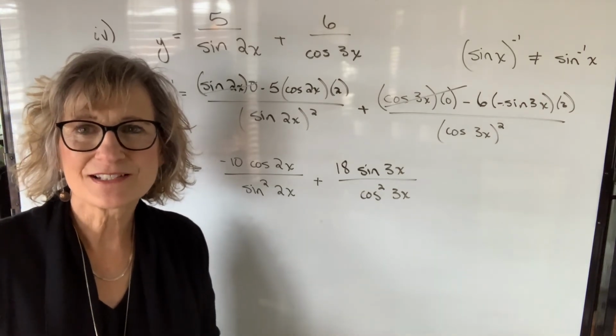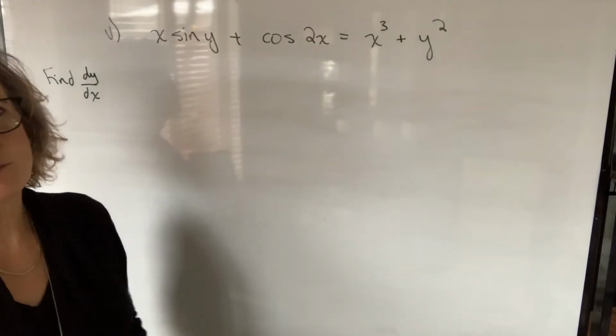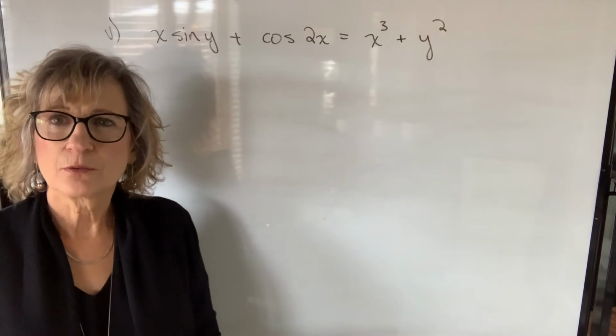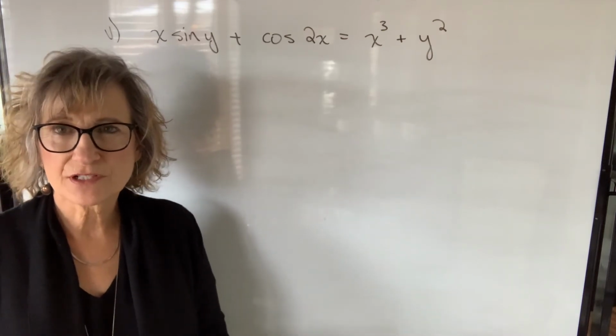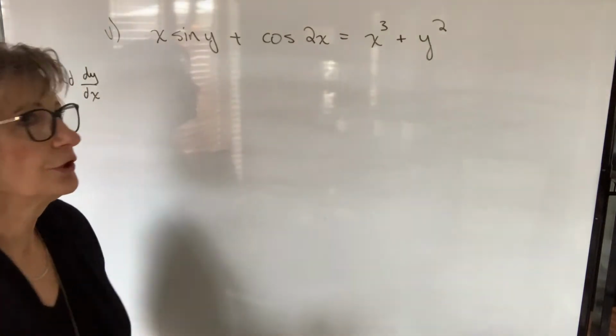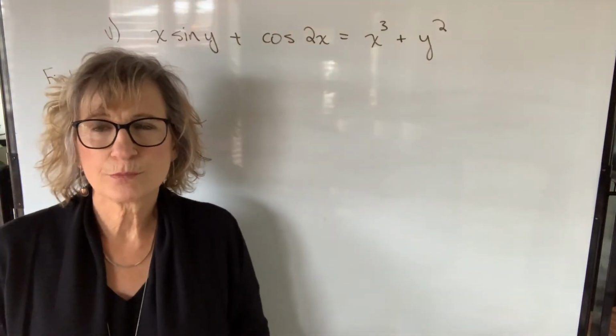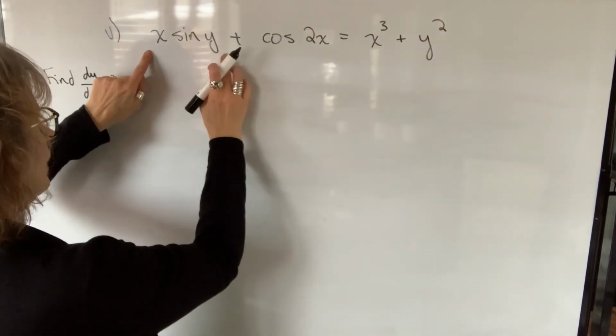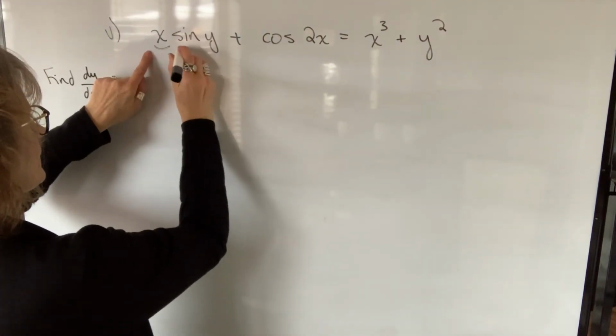Let's look at one last example. With this next question, I wanted to include a question that involved implicit differentiation. So if you're asked to find dy dx, remember you're going to differentiate every term of your equation with respect to x. Here we have a product. We have x times the sine of y.